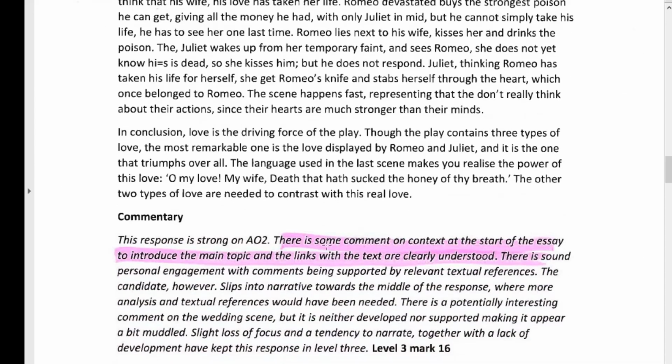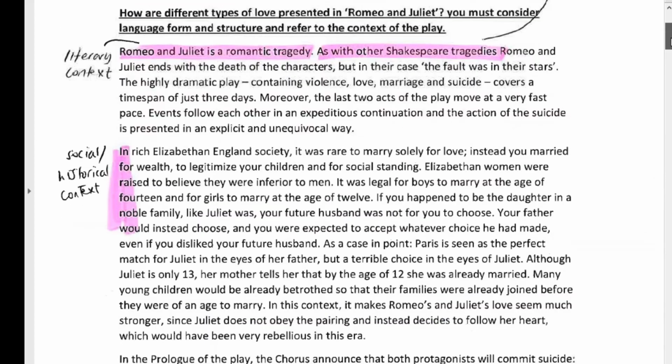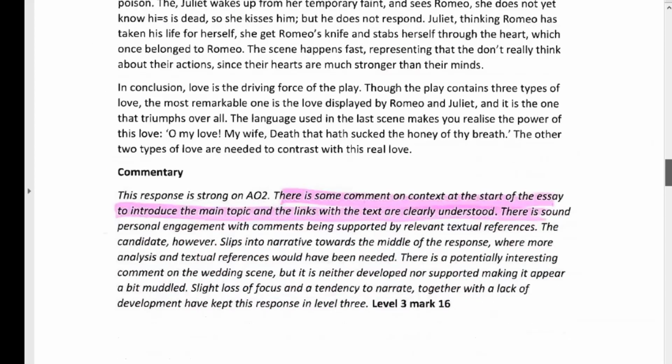The examiner's comment on this exemplar was that it's strong on AO2. There is some comment on context at the start, and the links are clearly understood. There's not a great deal actually, but what has been done is reasonably well done. So that's Romeo and Juliet.